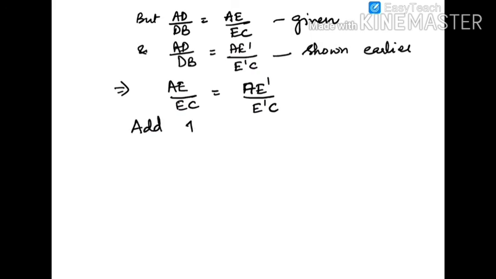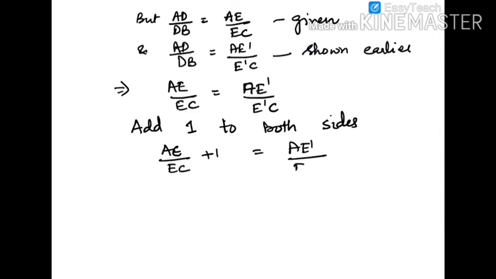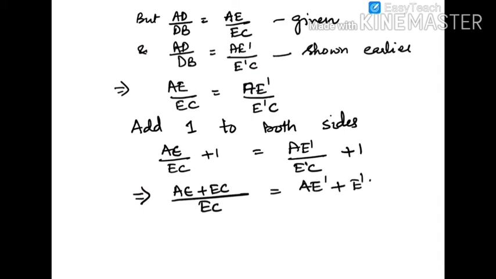We will add 1 to both sides. So simplifying, we get AE plus EC upon EC equal to AE dash plus E dash C upon E dash C. But what is AE plus EC?